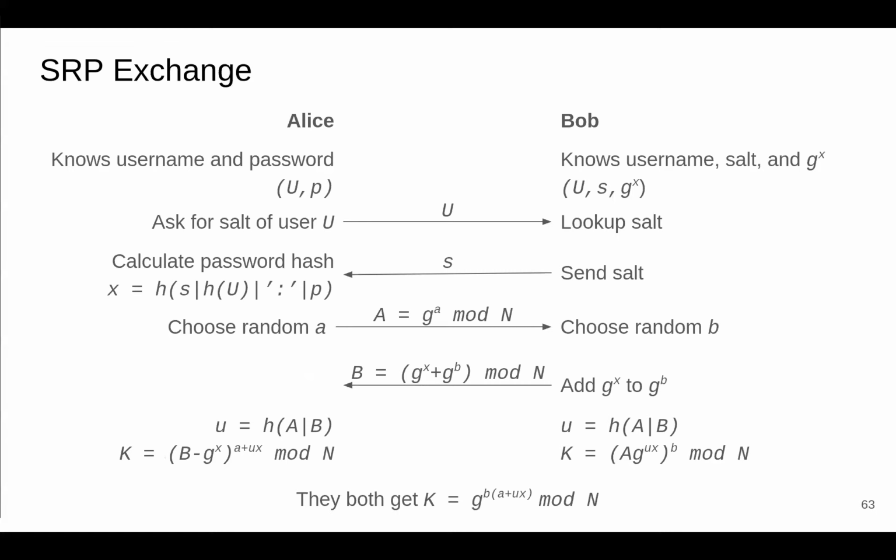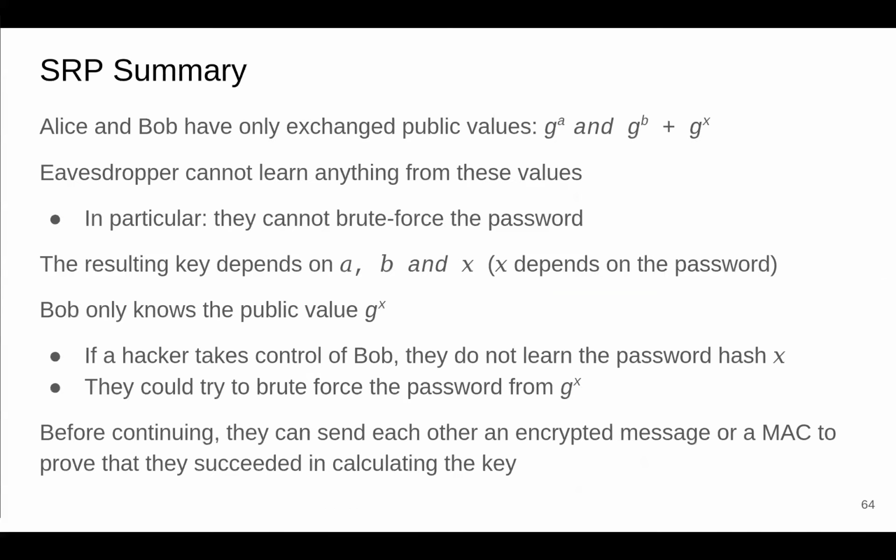We're not going too much into detail of the protocol. Just know that as one of the possible crypto protocols, you can use this to validate the two parties and also authenticate them. Alice and Bob have only exchanged public values. Eavesdropper cannot learn anything from those, and they cannot brute force the password.